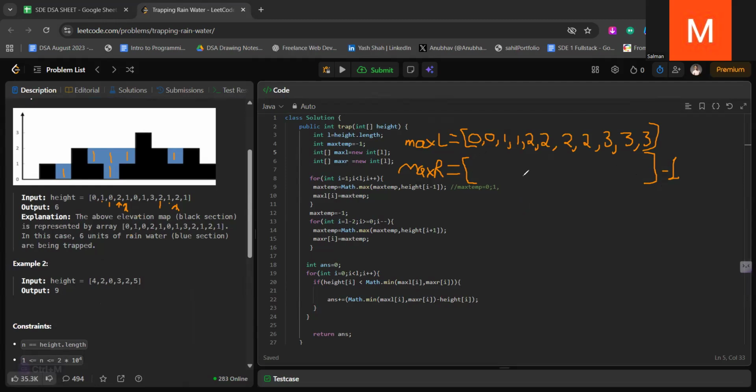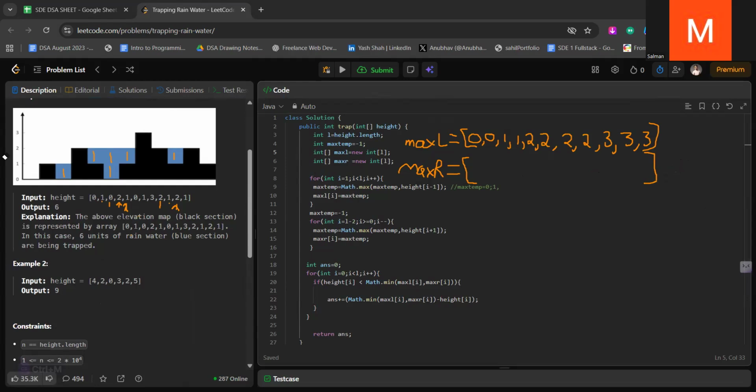And since I have declared the array in Java, initially every element contains 0, right? It is the property of Java. Let me write here properly: temp is equal to -1.